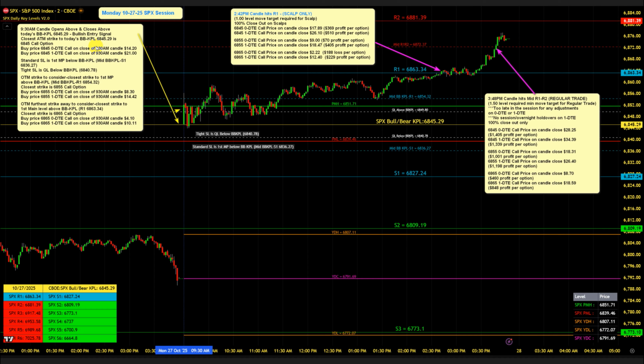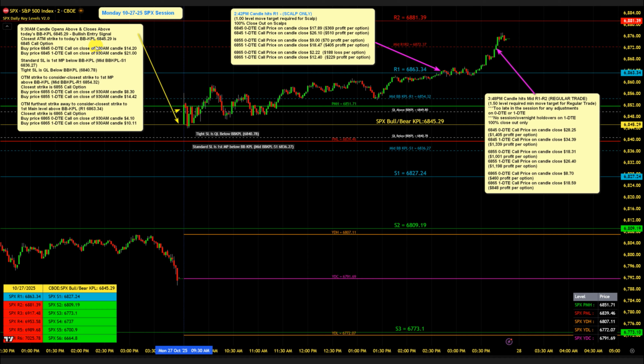So a 0 DTE option is going to be valid from the 9:30 open, and then it's going to expire at the 4 p.m. close on that same day, versus a 1 DTE option on Monday, October 27th, which would be the October 28th expiration, and those would be valid from Monday 9:30 a.m. all the way till Tuesday, October 28th, 4 p.m. when those would expire.